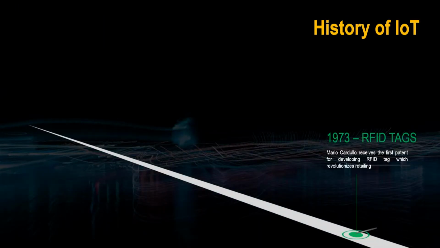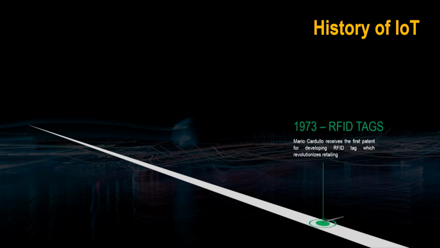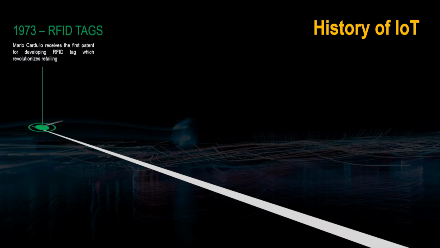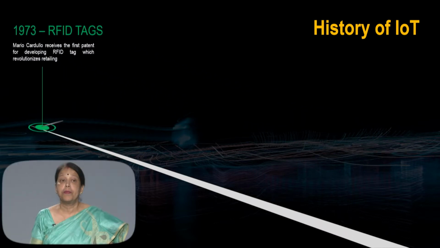But the researchers say that IoT basically started in 1973 and in the 1990s. In 1973, RFID was developed, and the first patent for the RFID tag, that is the radio frequency ID tag, was taken by Mario Cardillo.